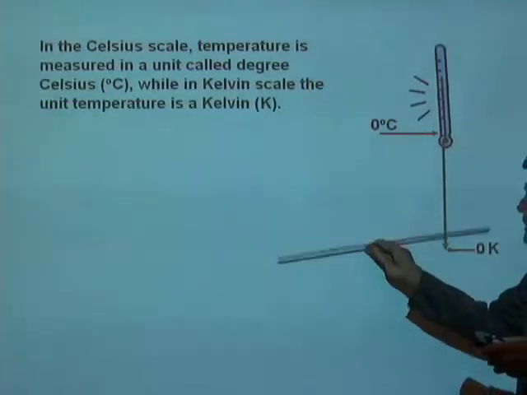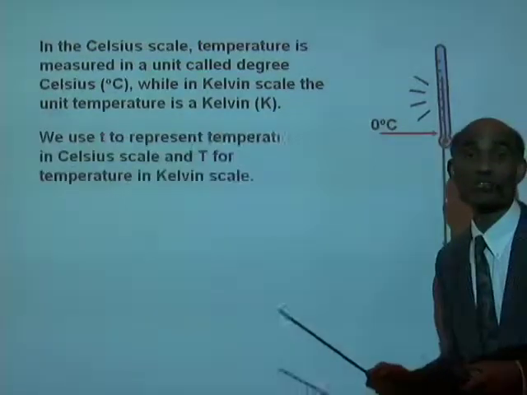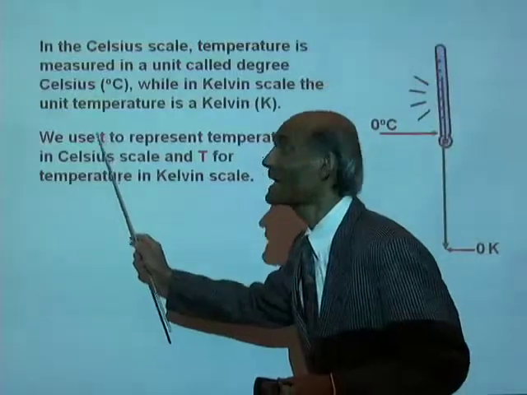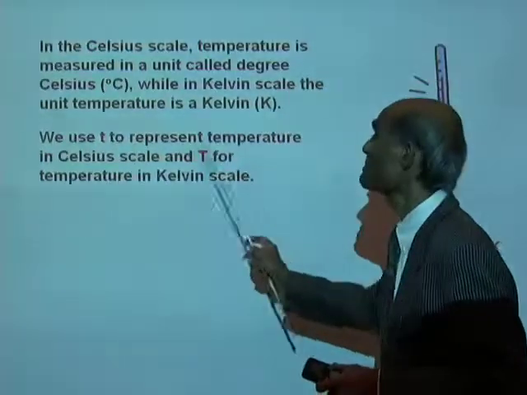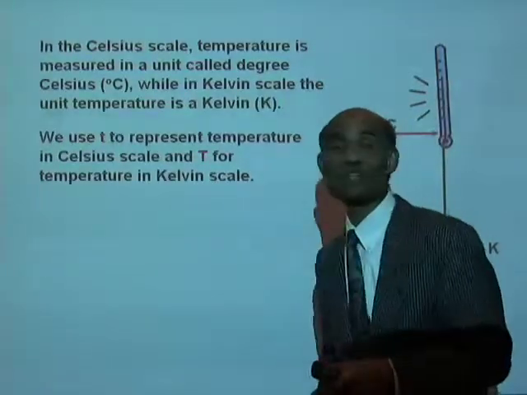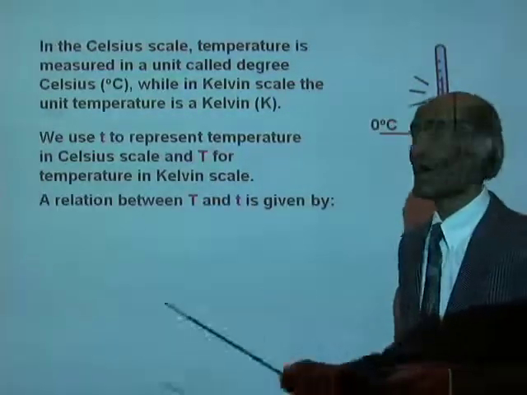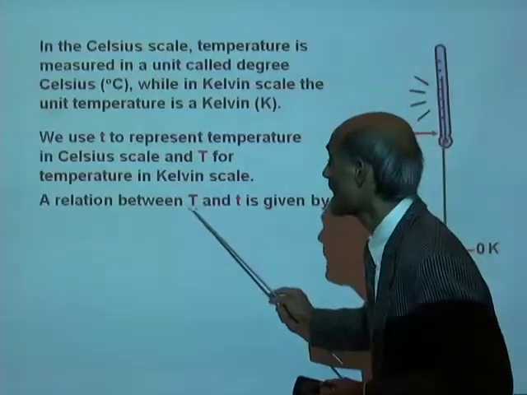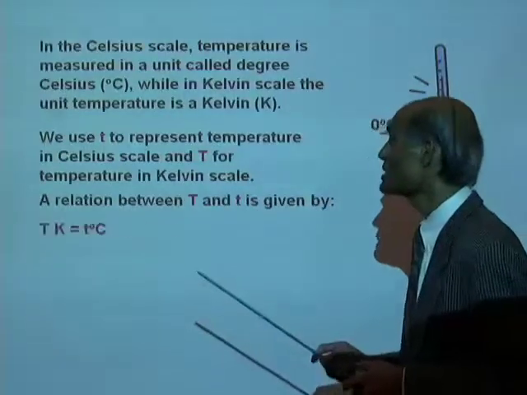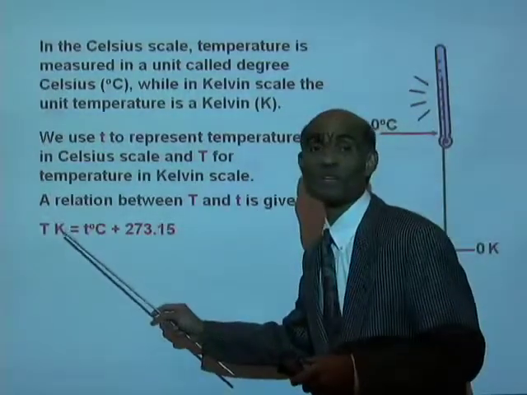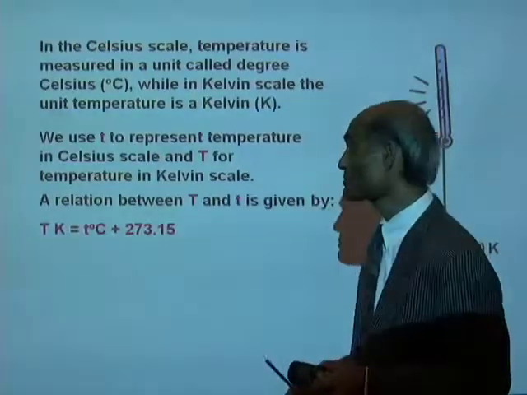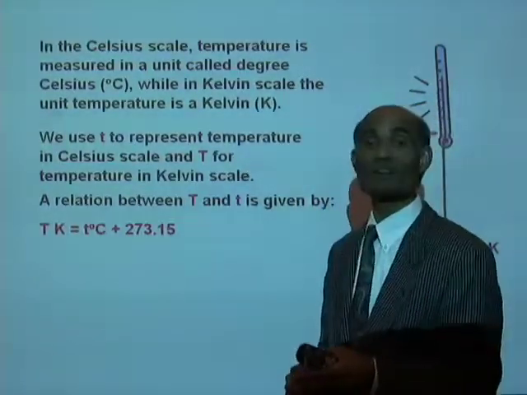If this is 0 Kelvin, well, I haven't given you the relationship. I will talk to that in a minute. We will use lowercase t to represent temperature in Celsius and uppercase T to represent temperature on the Kelvin scale. And the relation between temperature in Kelvin and temperature in degrees Celsius is this. T Kelvin is t degrees Celsius plus 273.15.